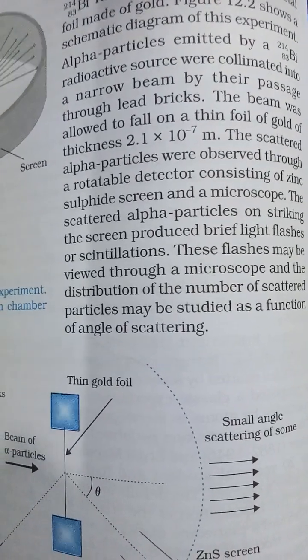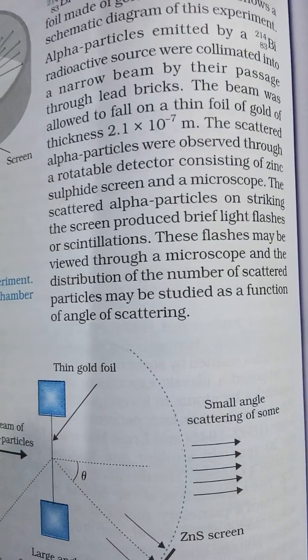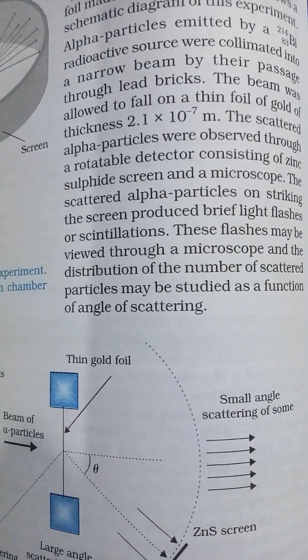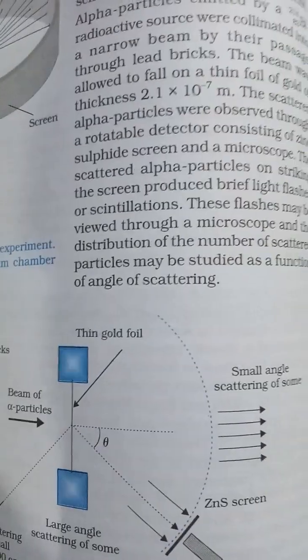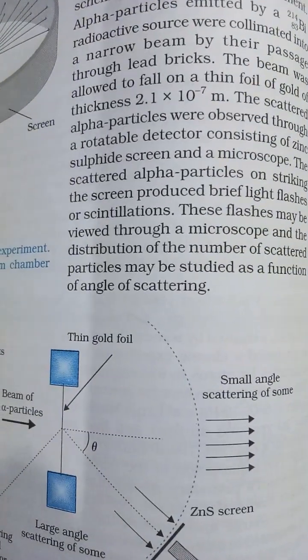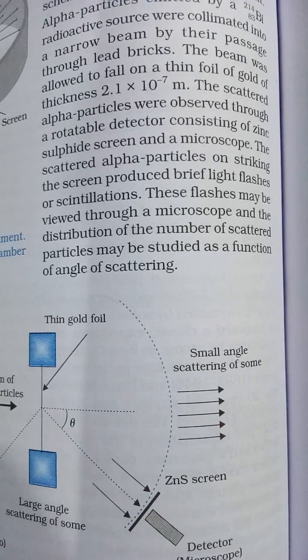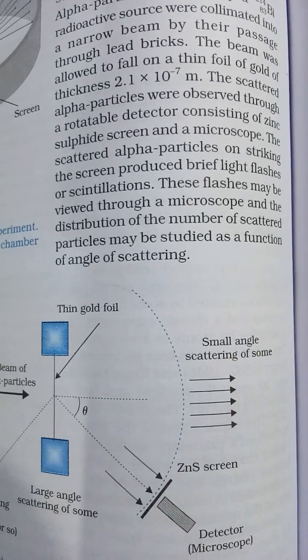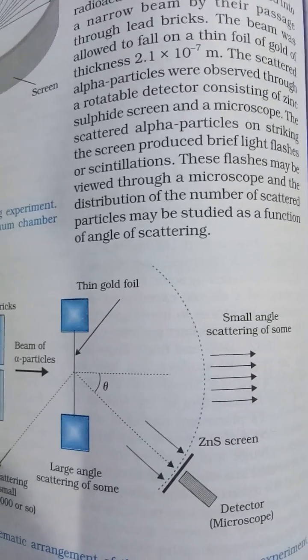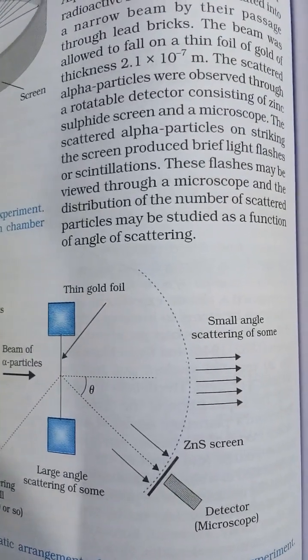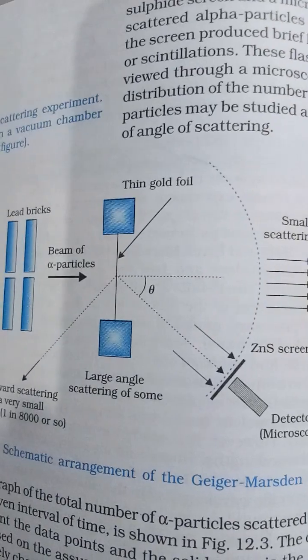The scattered alpha particles on striking the screen produced brief light flashes or scintillations. These flashes may be viewed through a microscope, and the distribution of the number of scattered particles may be studied as a function of the angle of scattering.